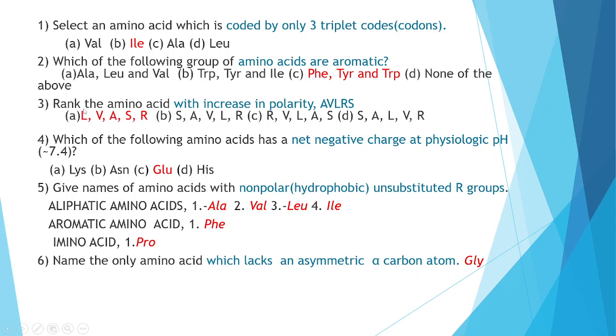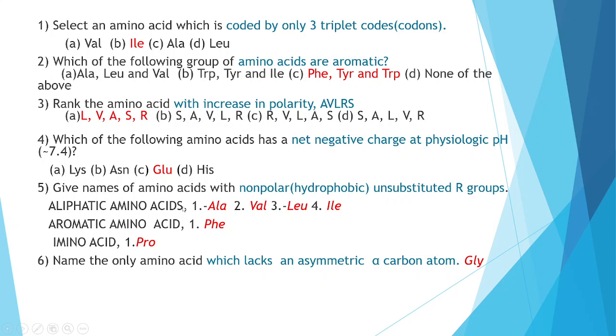So it is least polar, and then all are written in their increasing order of polarity. Now, next question. Answer is glutamic acid, which exists or has net negative charge at physiological pH of 7.4.